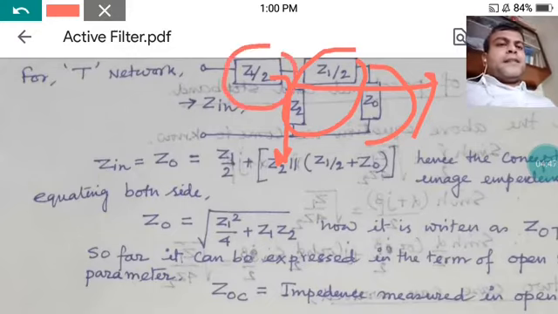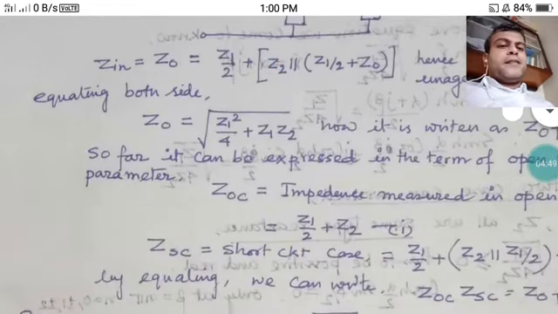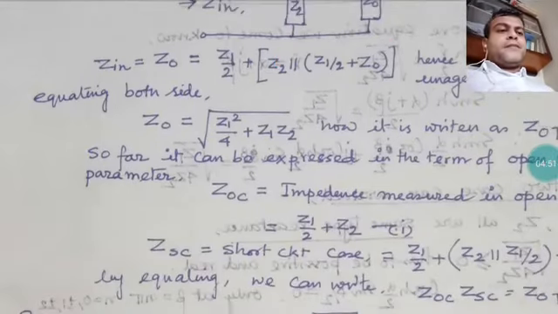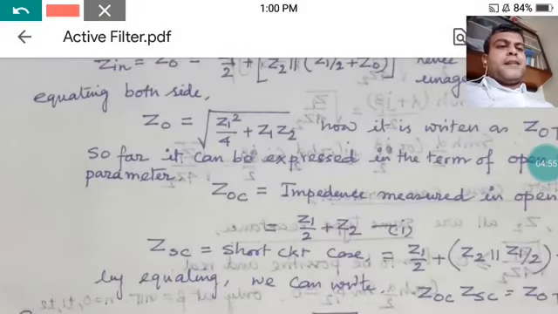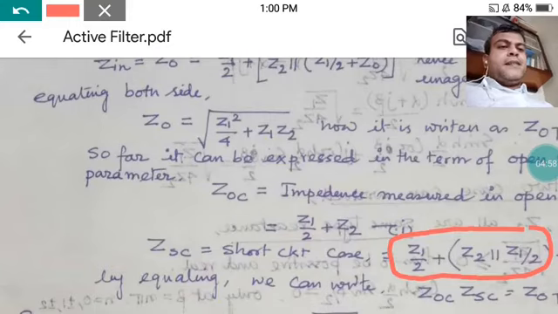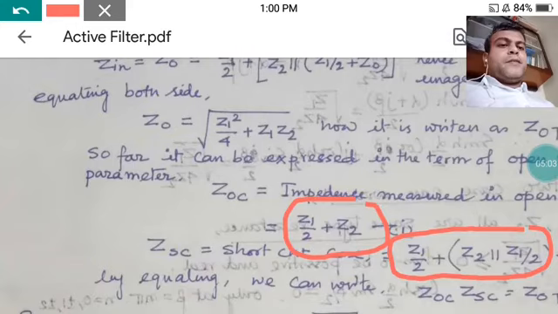So you can easily take ZSC equals this and ZOC is this. What is ZOC? Z1 by 2 plus Z2, as I have shown you, and what is ZSC? That is Z1 by 2 in series with the parallel of this.